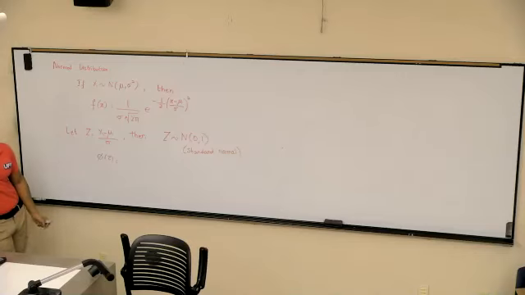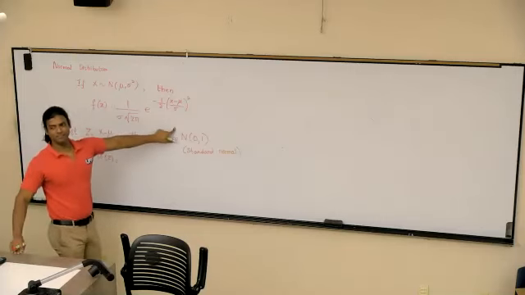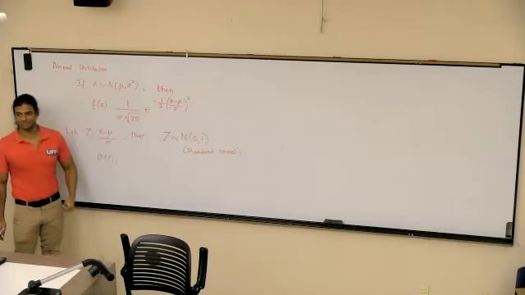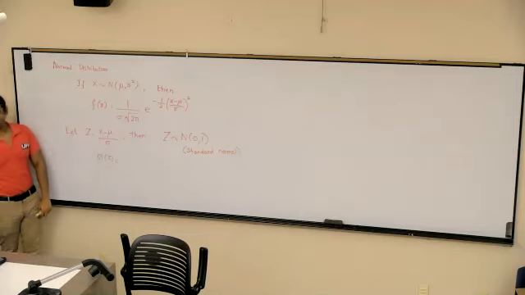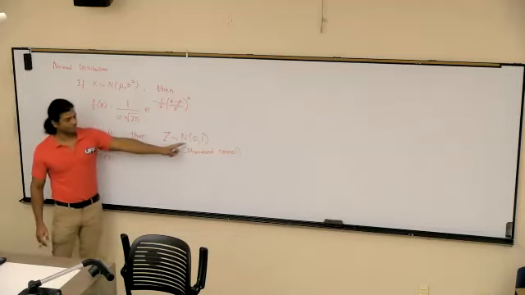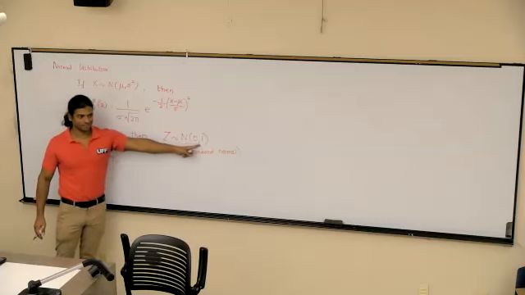It's easy. You just have to plug in values. Do you follow my question? I've given you the density for a normal mu comma sigma squared distribution. I would like to know it for a normal 0, 1. You plug in 0 where mu is, and 1 where sigma is.